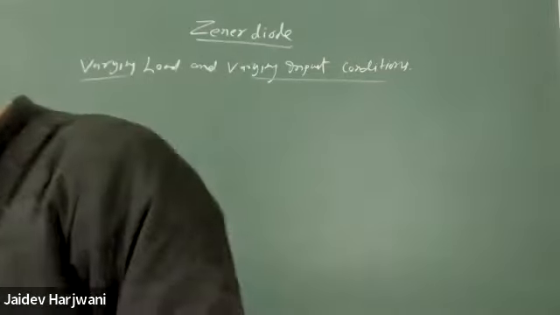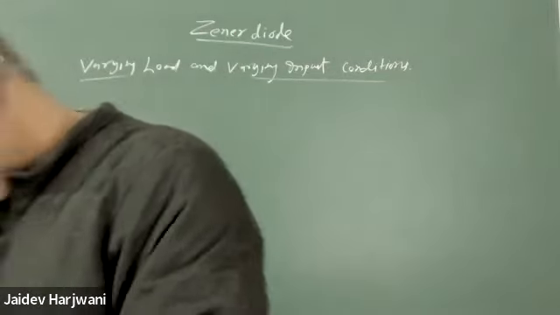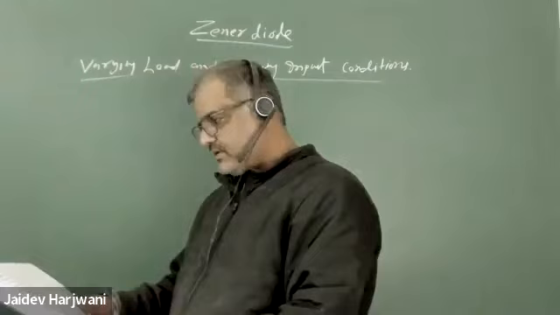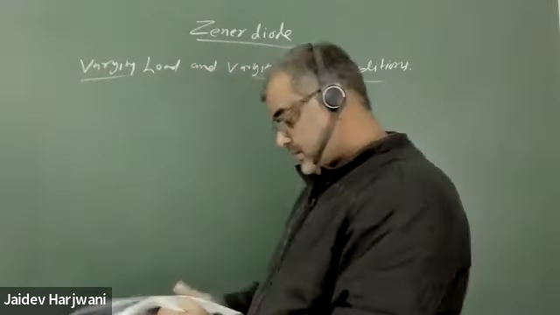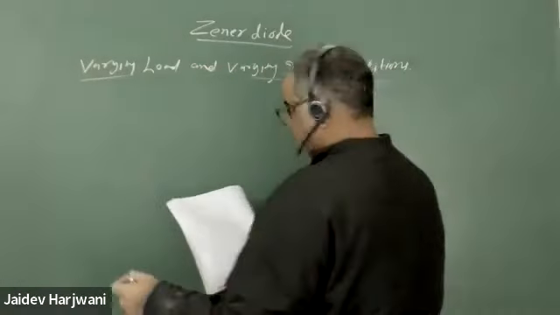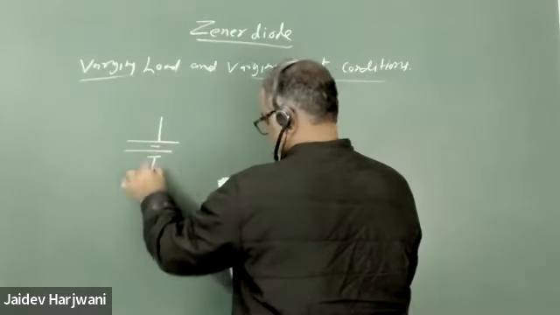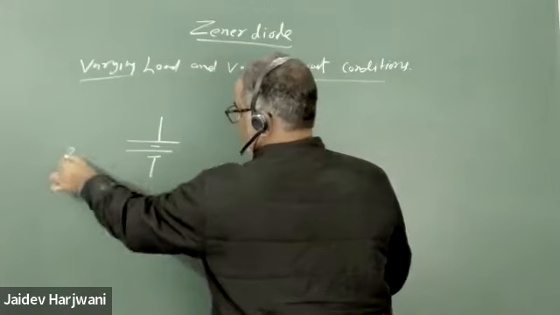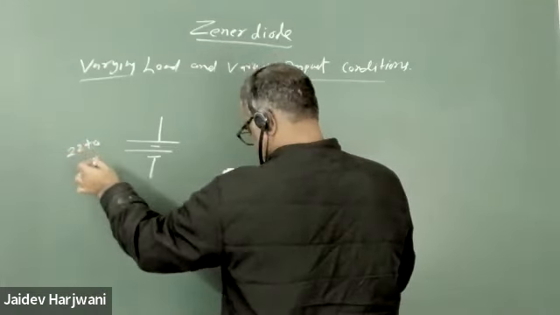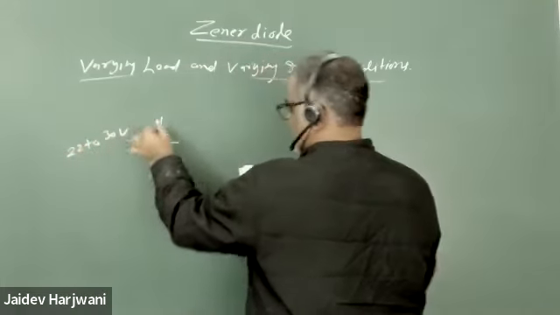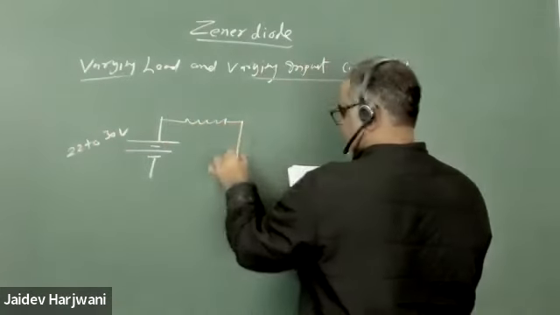So there's one more question. Why are they asking RS max only? So they are giving you a question. You have 22 to 30 volts, and this is your RS.